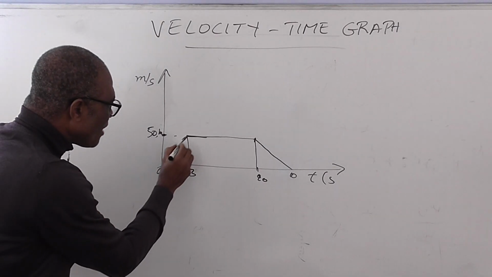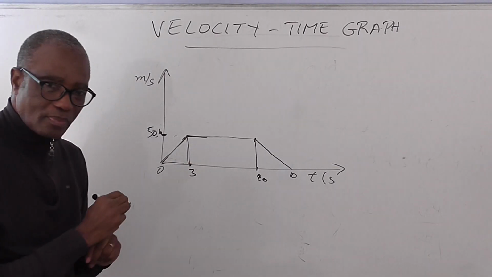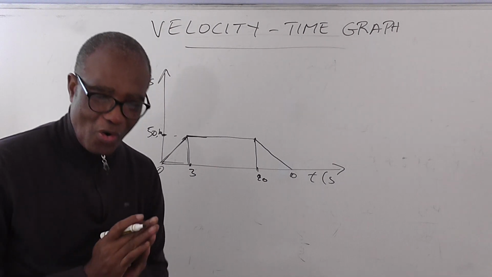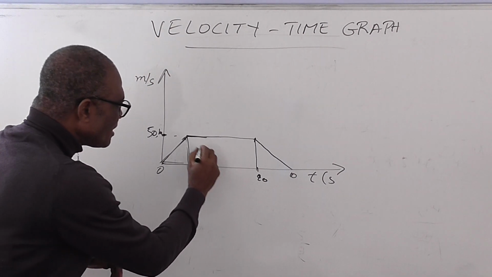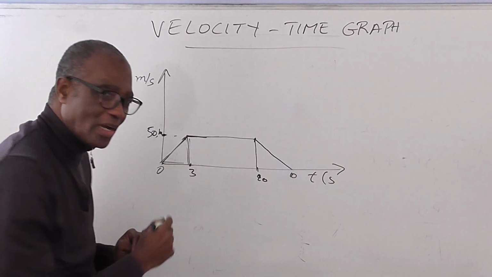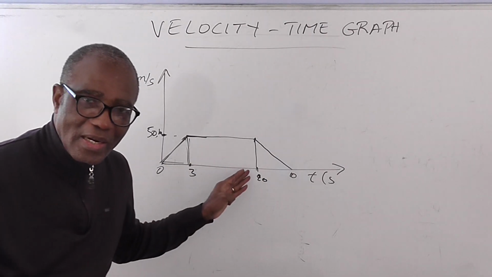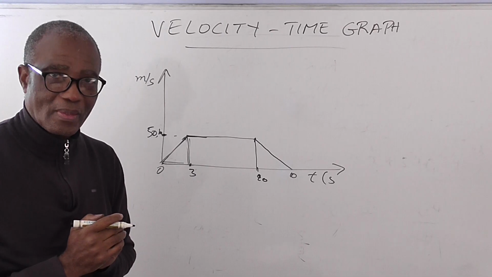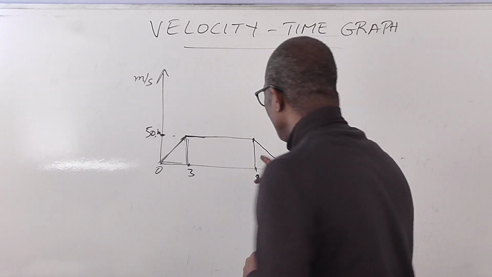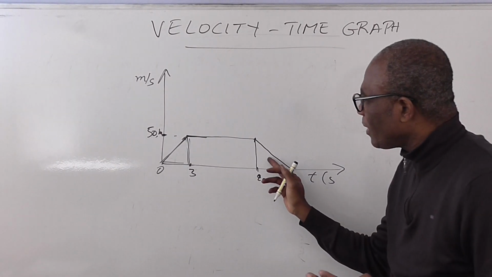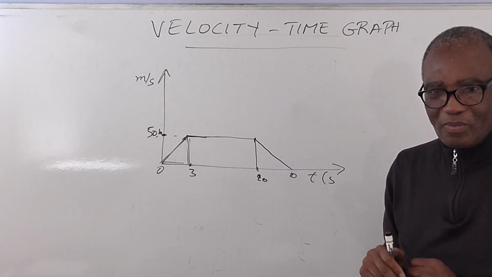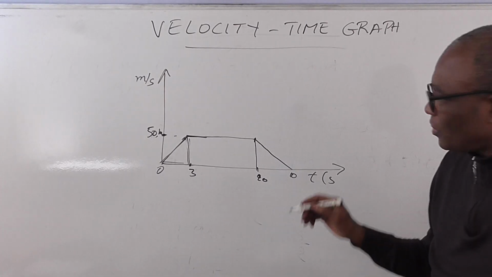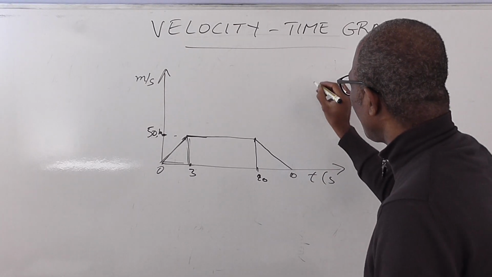Here we see that we have a triangle, and we get the area of the triangle. Then we see that this shape is a rectangle, and we get the area of the rectangle. And the other side is also another triangle. We get the area of the triangle.